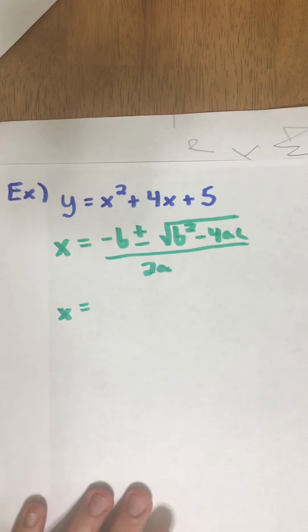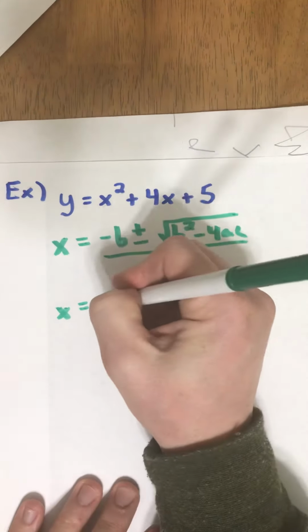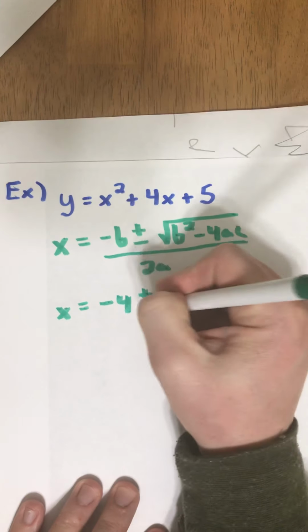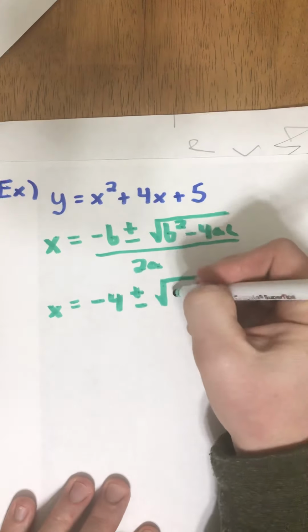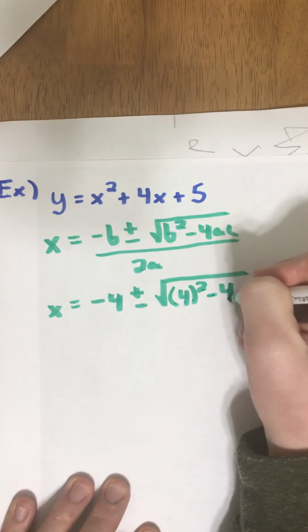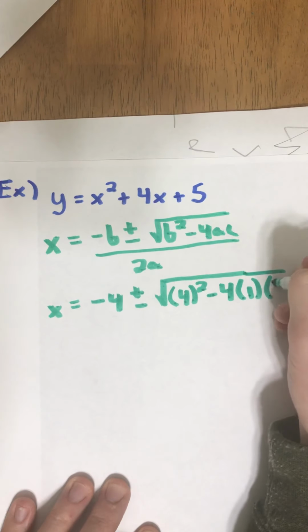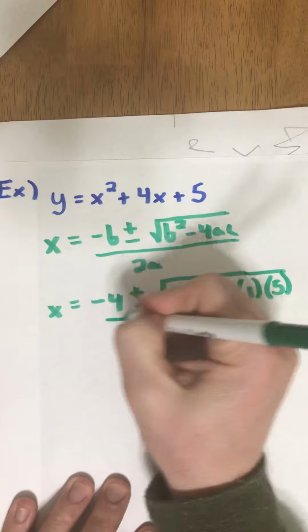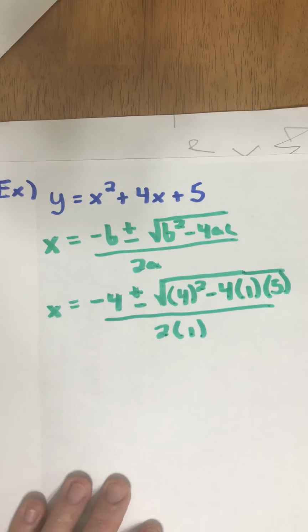All right, so again, I'm going to substitute my values in. My b here is 4, so this is going to be negative 4, plus or minus the square root of 4 squared minus 4. A here is 1. And c here is 5, divided by 2, and my a here is 1.